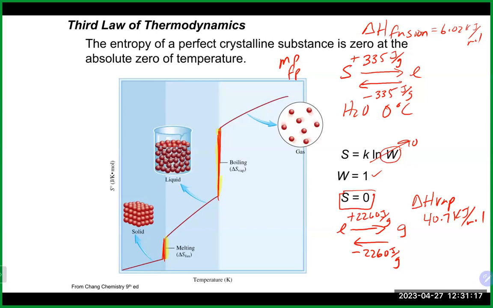But as you go from liquid to gas, you need to completely get everybody broken apart from one another, so they could go into the gas phase, start flying around. So it takes a lot more energy to do that. Obviously, these values are specific for water. If you're not dealing with water, they would have different heats of fusion and heats of vaporization. This occurs at the normal boiling point for water, which is 100 degrees Celsius.